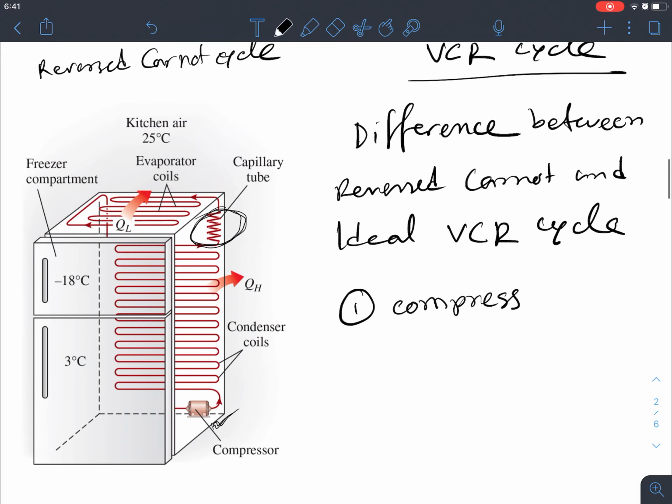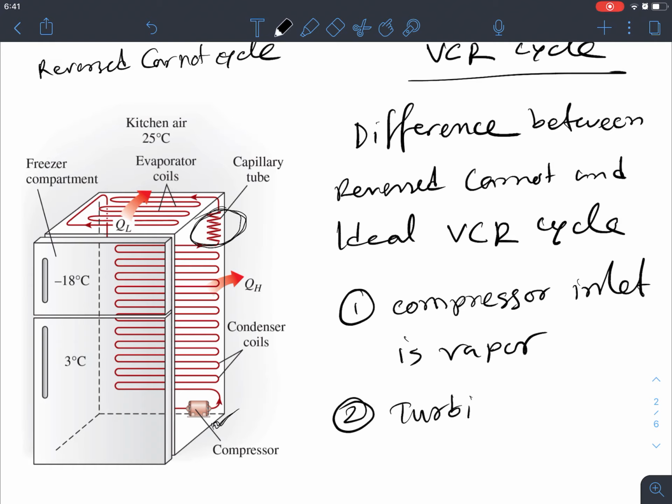Okay, no longer liquid. The compressor inlet is vapor. Number two, the turbine is replaced by an expansion valve.